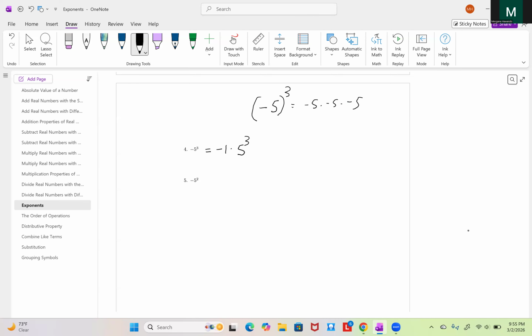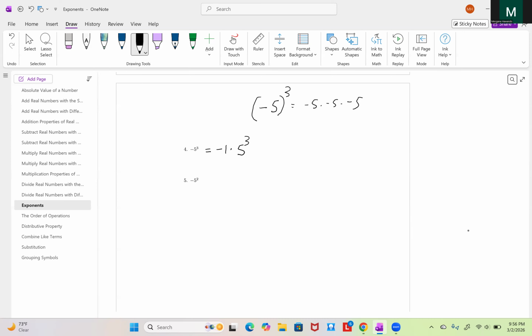Now in this problem, there is no parenthesis around the -5. The exponent is only for the 5, not including that negative sign. So that negative sign acts like -1, and then times 5 to the power of 3. So the exponent is applied only to the 5.